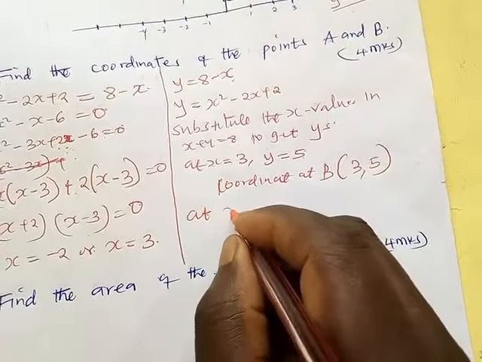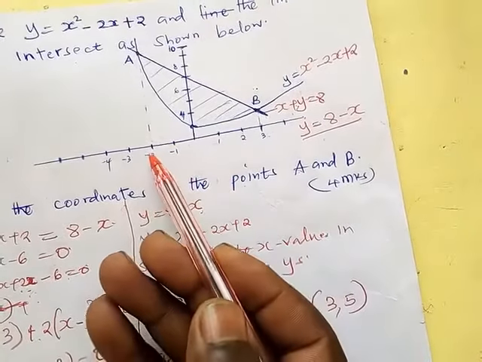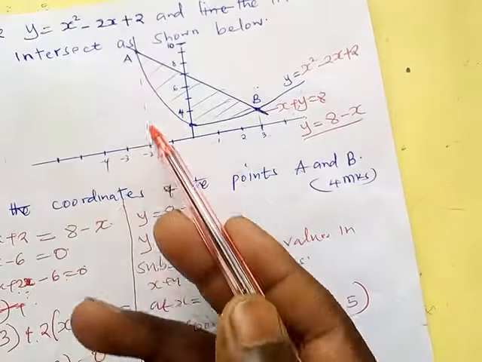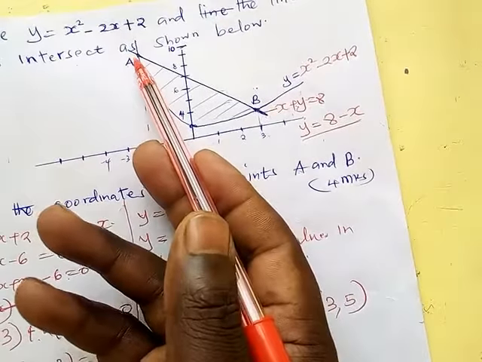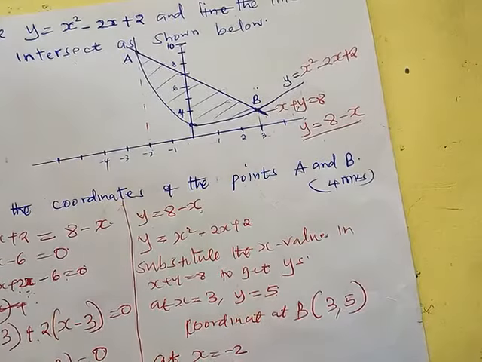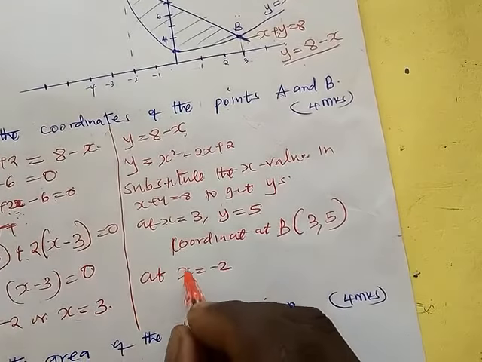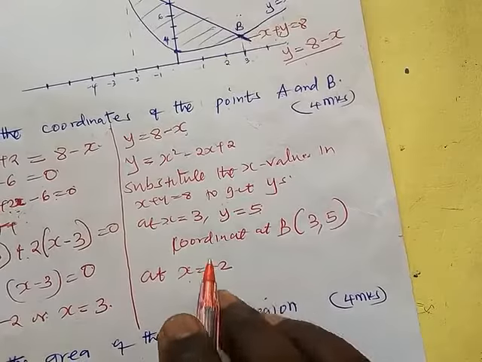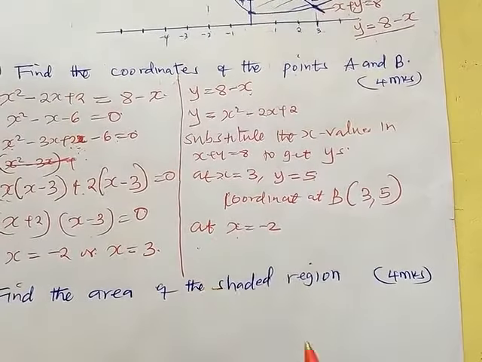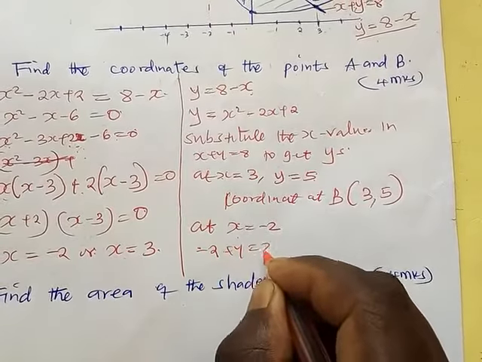At x equal to -2, you know from this point, this is -2. So we are looking for the x values. We have the x value of a. We are looking for the y coordinate of this. So we are going to substitute now -2 in the equation. When we substitute this one, what do we get? -2 plus y equal to 8.